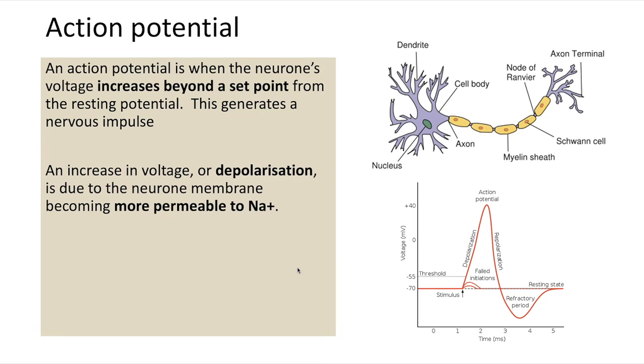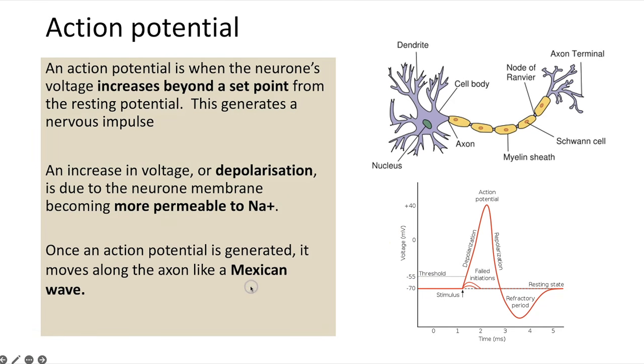An increase in voltage, also known as depolarization, is due to the neuron membrane becoming more permeable to sodium ions, meaning more sodium ions are going to diffuse into the axon. Because those have a positive charge, that will bring the voltage to become more and more positive. So we go from minus 70 up to minus 55, which is more positive.